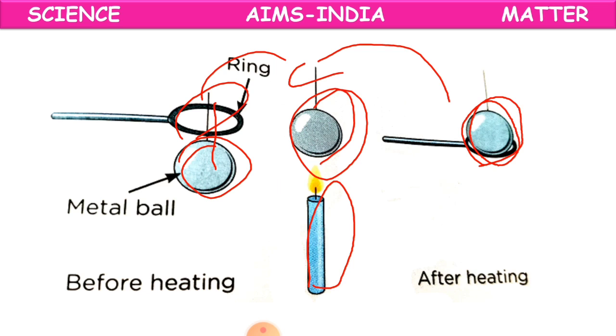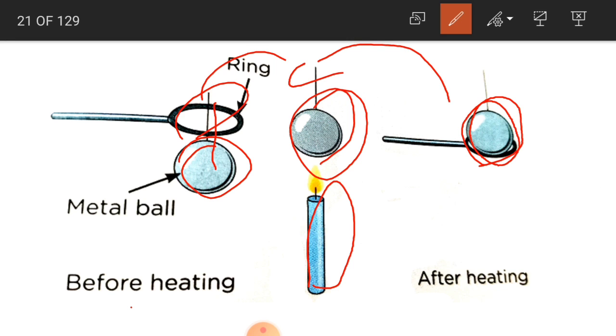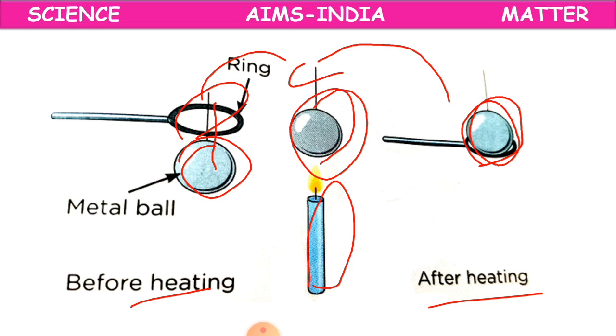The size has expanded, so it is not able to fit in the ring as it was fitting before heating. Clear? So this is the difference, like what happens to a solid when it is heated. This is nothing but melting.